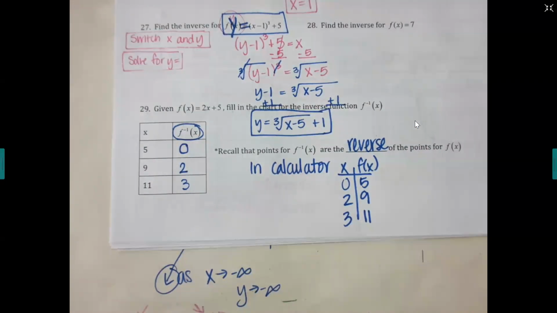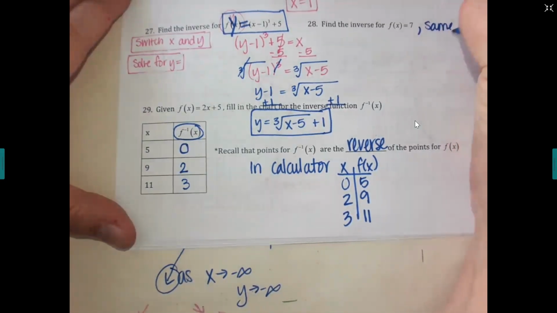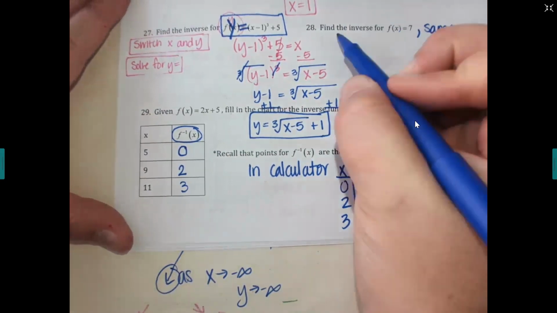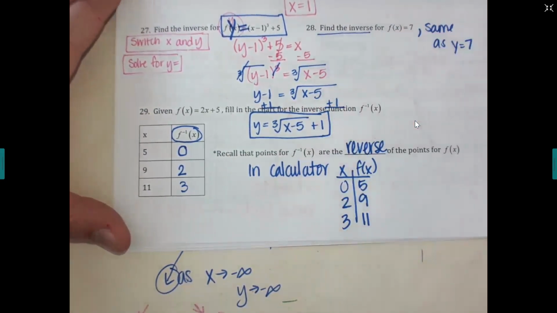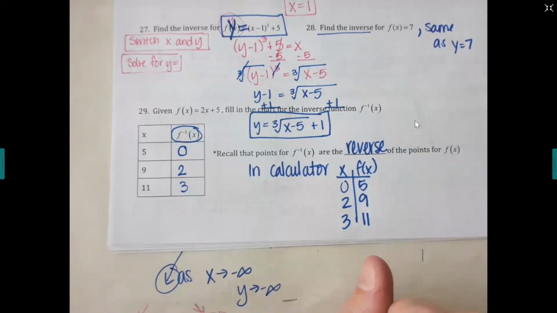Okay, very last thing that I want to do, number 28, asks you to find the inverse of f of x equals 7. What letter is f of x the same as? So this is really the same as y equals 7, right? What is step 1 for finding an inverse? Then you have to have an x and a y to be able to switch them. Does this equation have both letters?